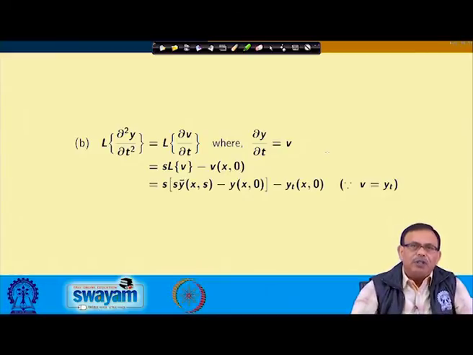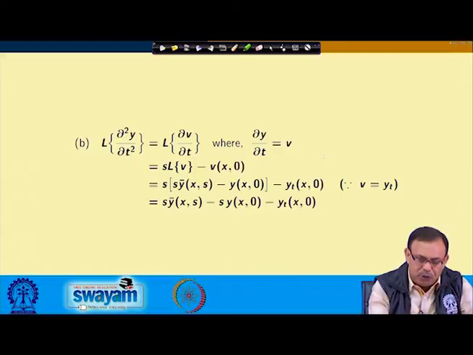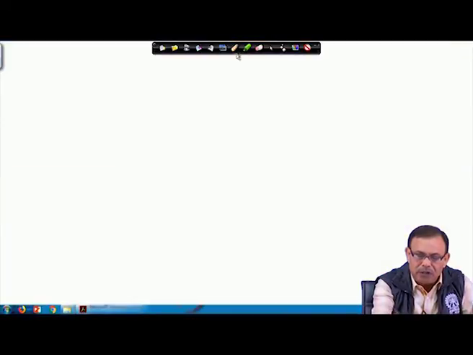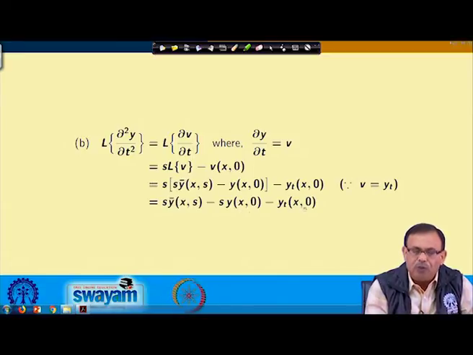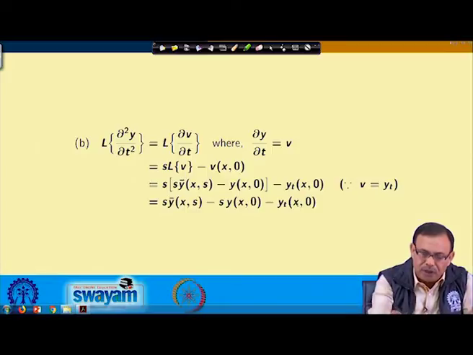If you put s into this, that is a mistake, this will be s square into y bar x s. Please note this one, this will be s into y bar x 0 minus this part, which will become s square into y bar x s minus s y x 0 minus y t x 0. So, this completes the proof of the second part.